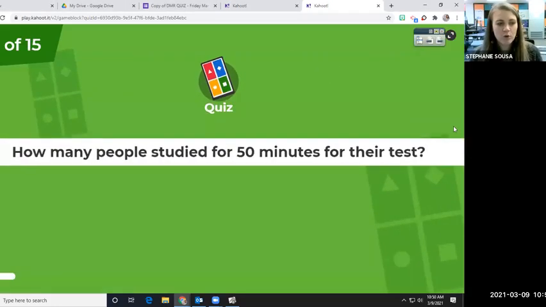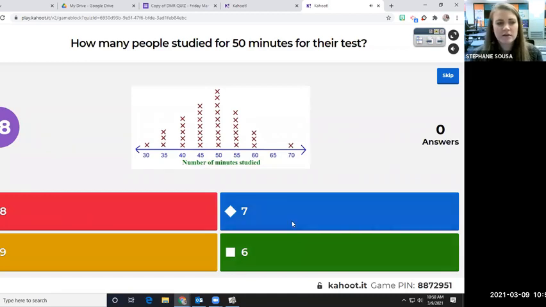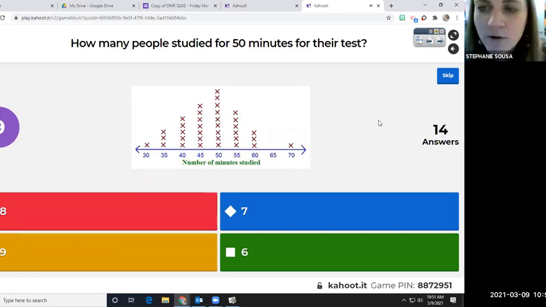Here we go. Quiz. How many people studied for 50 minutes of their test? For 50. Here's 30, 35, 40, 45, 50. Steve is using his super zoom powers. Good job, Steve.